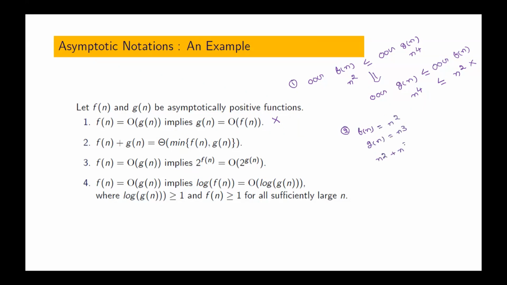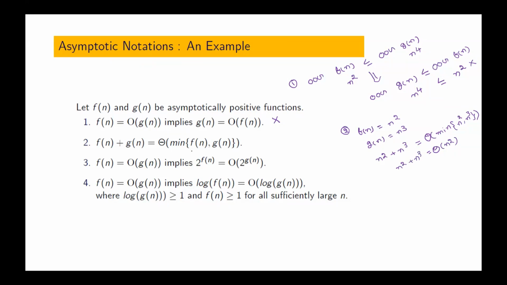N square plus n cube is the same as theta of minimum of n square comma n cube. What is minimum of n square comma n cube? N square. So now, is this true or false? False. So this is a counter example, no?